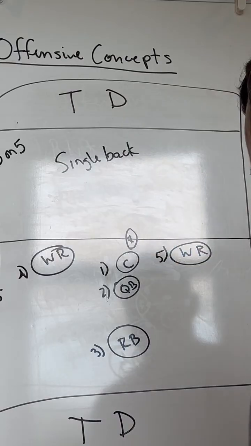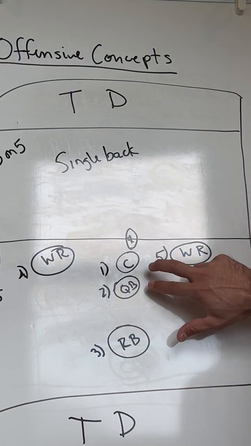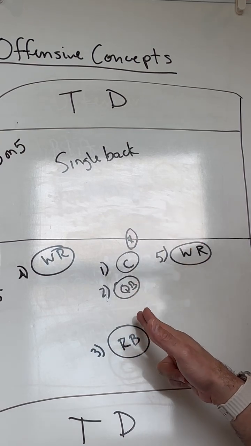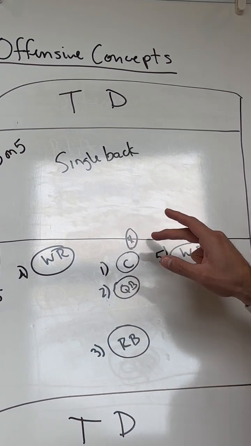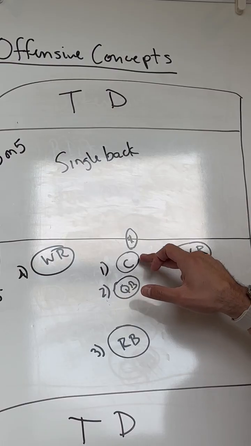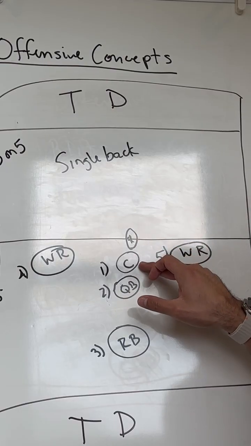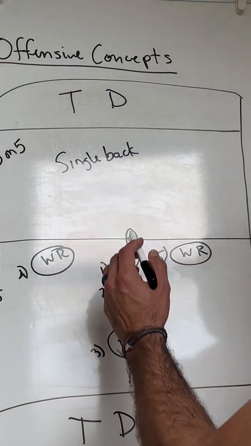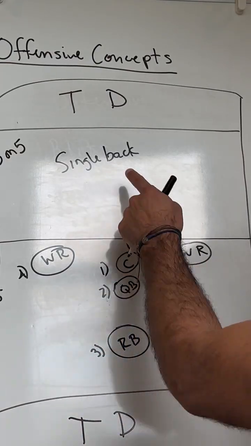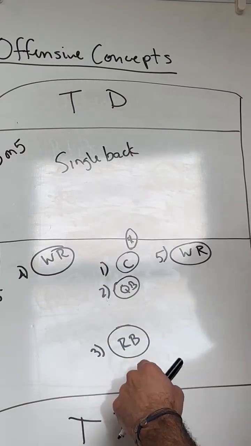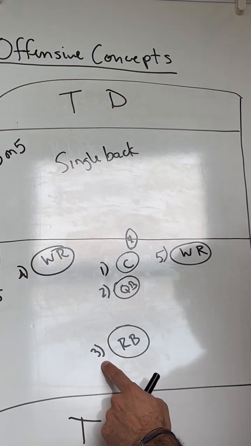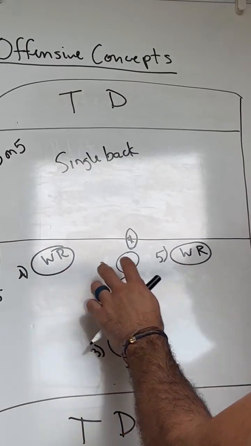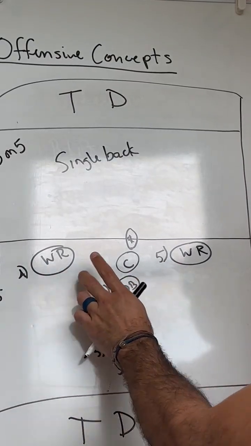When you think of the word single back, think of it this way: we don't have to plan for the center and the quarterback, because we know they're going to be lined up right with the football, in a line, with the center snapping the football to the quarterback. What do we do with the other players? We're going to have a single back, 1 running back. Then we can do whatever we want with the other 2 receivers.